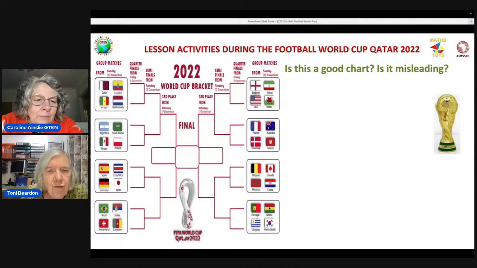So this fork, these 8 forks, I think, are quite confusing. Yeah, what we're looking at here implies that in the quarterfinals there are 2 teams from each of the groups, and then in the semi-finals, it's 2 of those.